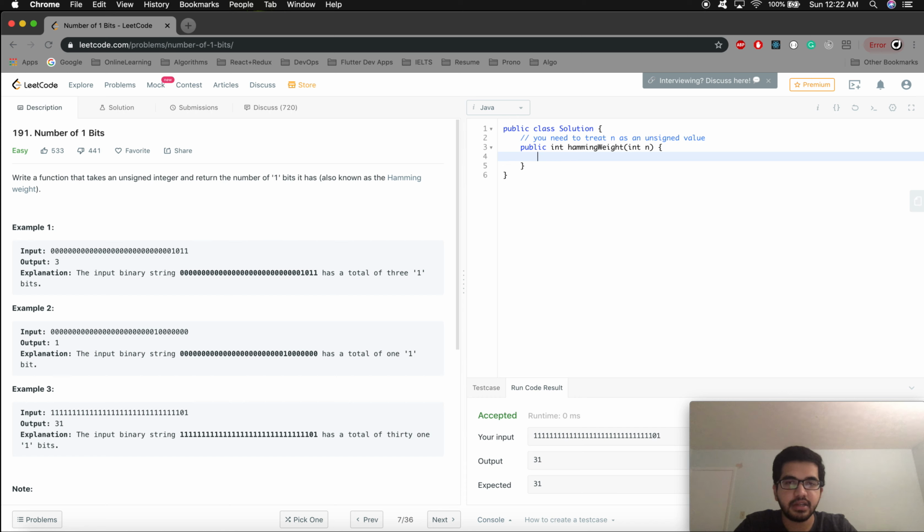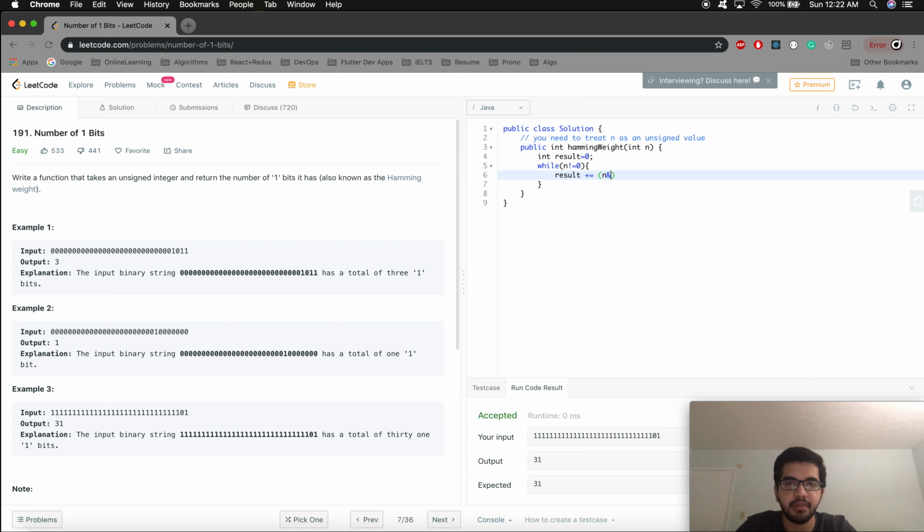So let's start. Let's take a counter. Let's loop through the given number. So every time we increment the counter by checking the last bit of the number.